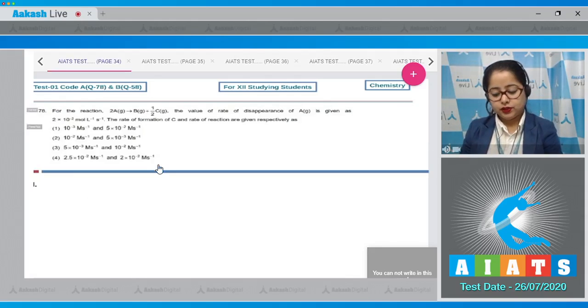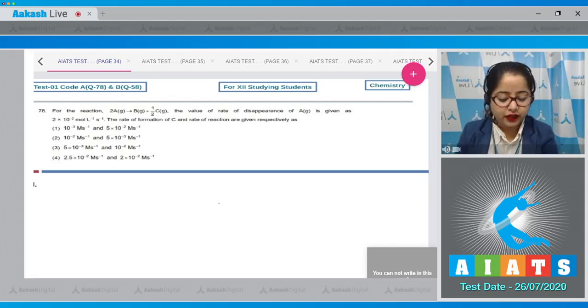Let's read the question. For the reaction 2A gaseous plus B gaseous gives half C gaseous, the value of rate of disappearance of A is given as 2 multiplied by 10 raised to the power minus 2 mole per liter per second. The rate of formation of C and the rate of reaction are given respectively as. Students, for this question, first of all, I'm writing the expression for rate of reaction.